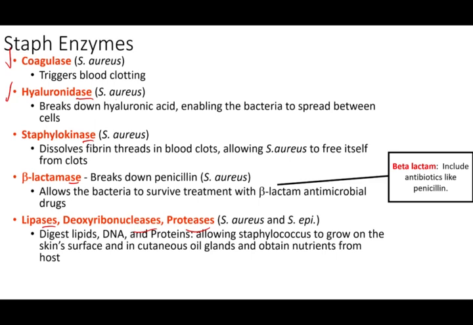And if you don't remember what that is, hyaluronic acid is one, I call it the glue that's between our cells. So it has other names like extracellular matrix, but hyaluronic acid is an important component of that glue, of that connective tissue that's holding our cells and tissues together.